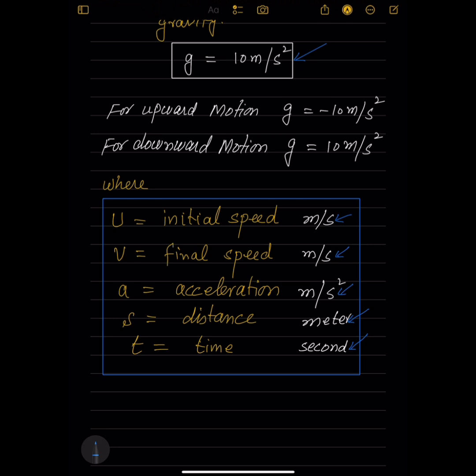When the particle is projected vertically upward, then the speed of the particle will be given. When the particle is released from a height, then its initial speed is 0.